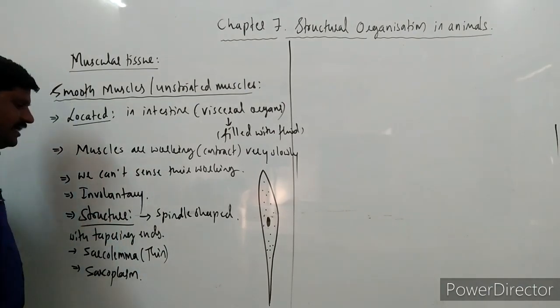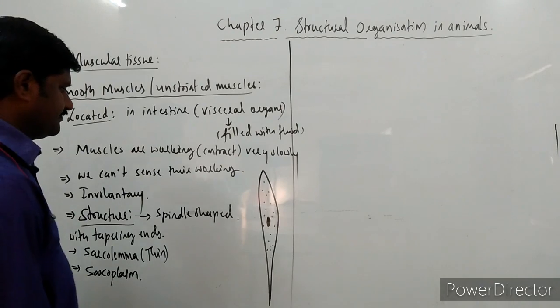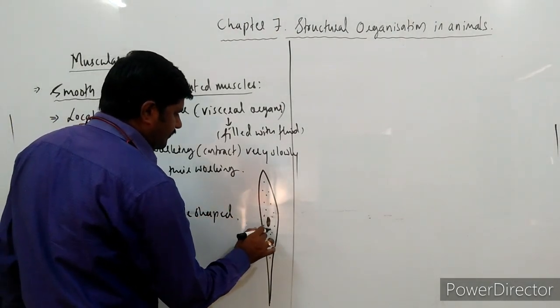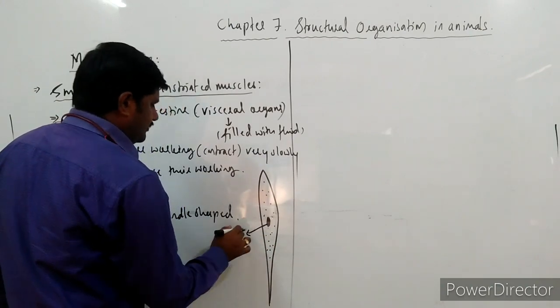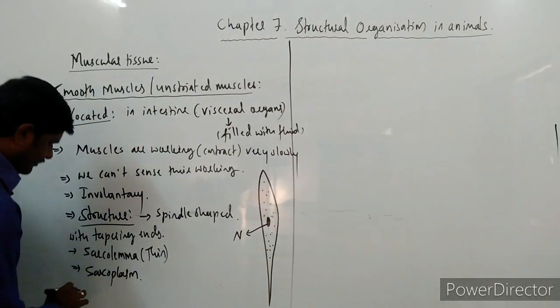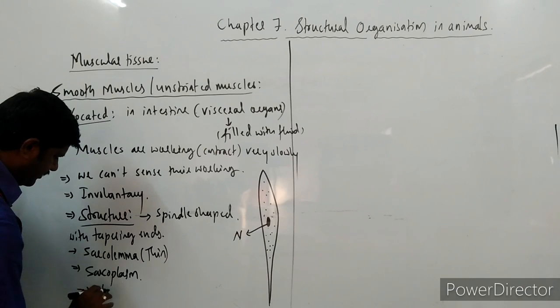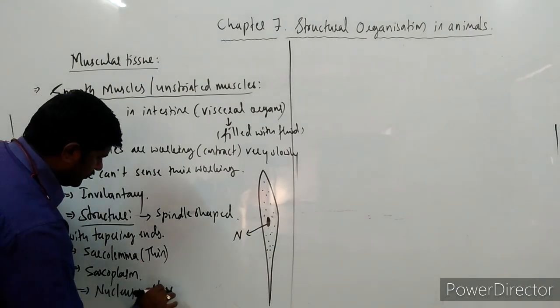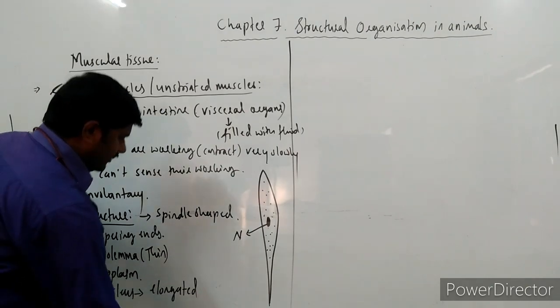sarcoplasm. What it is called as? Sarcoplasm. And that sarcoplasm mainly consisting of the nucleus, and this nucleus is somewhat elongated.